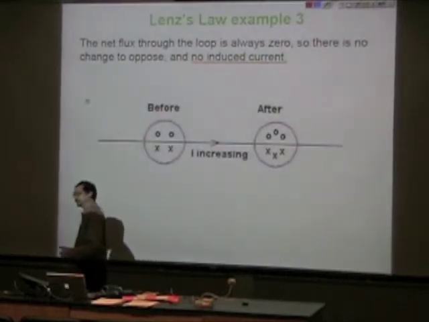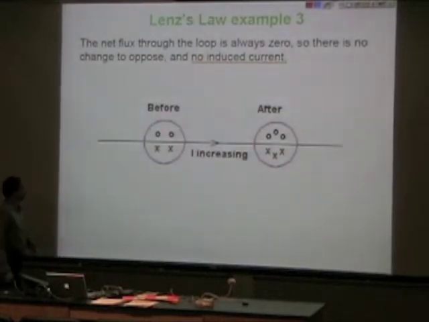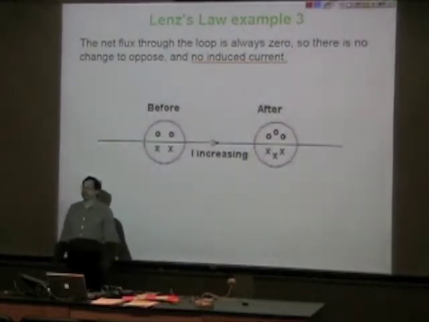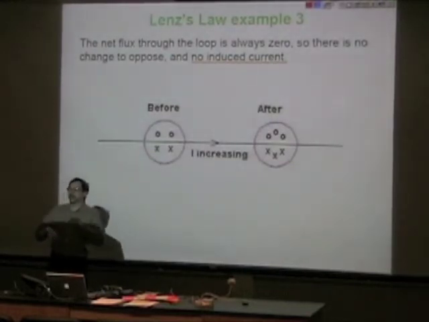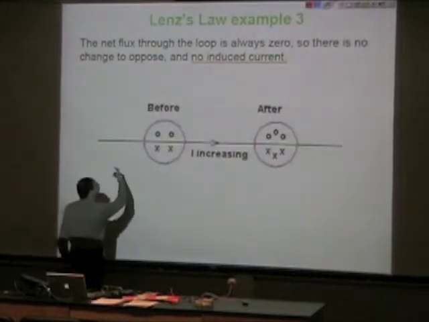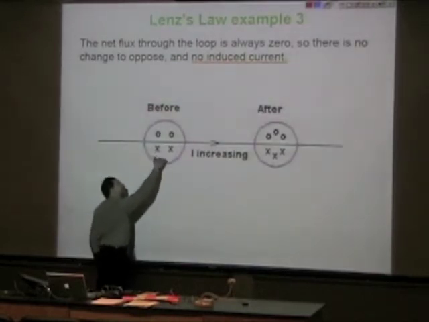In this situation, what's the difference between this case and previous cases? The magnetic field lines inside the loop have different directions. Again, above the wire, magnetic field points out of the screen, below into the screen.